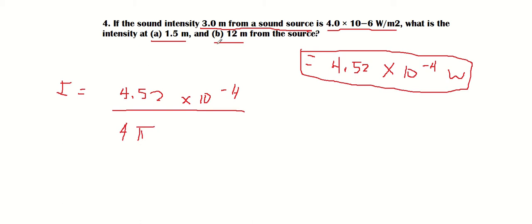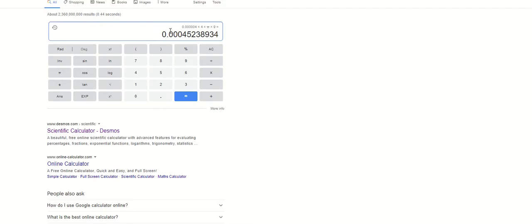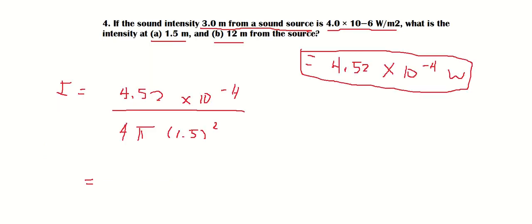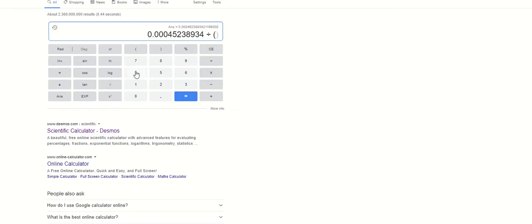Tapos R natin is 1.5. Raise natin sa 2. So, divide lang natin sa 4 pi. Okay, 4 times pi times 1.5 raised sa 2.